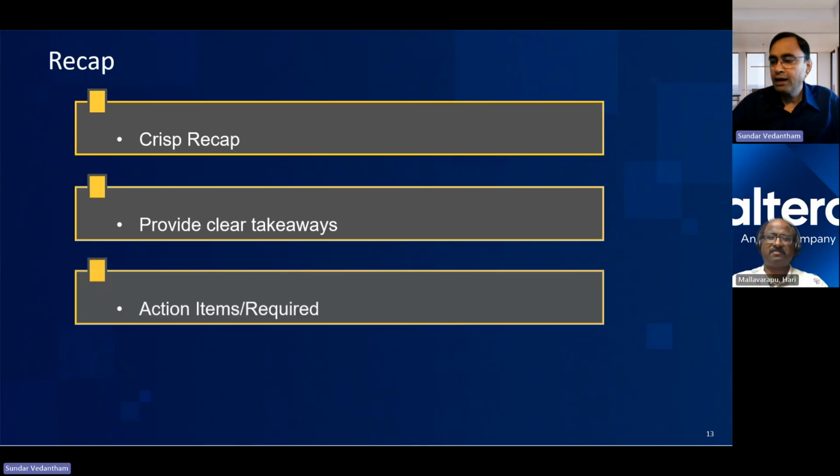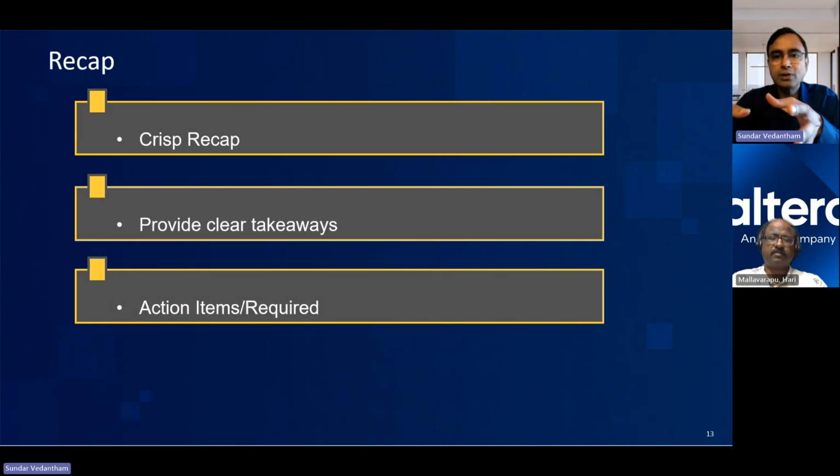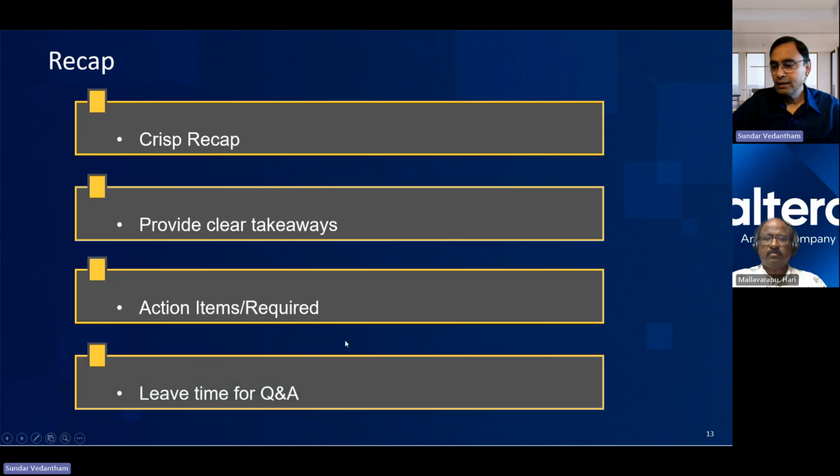And then sometimes you may have some action that you want your audience to take. You want them to go do X, Y, Z, right? So state that very clearly: action items and what is required of them at this point, having listened to this presentation. And in the end, do try to leave time for Q&A if that is needed, and also end it with a nice bang, right?